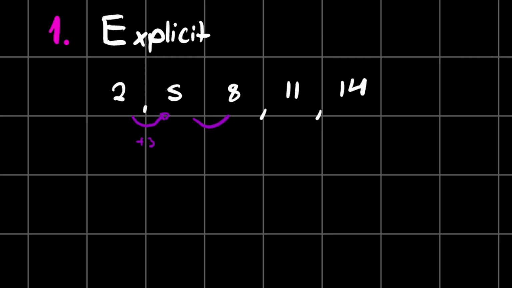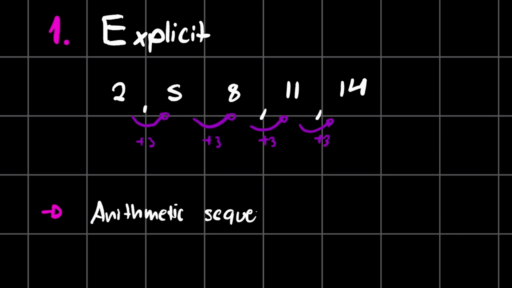And then from 5 to 8, once more, and once more, as you can see, we have a plus 3. This means we have an arithmetic sequence.